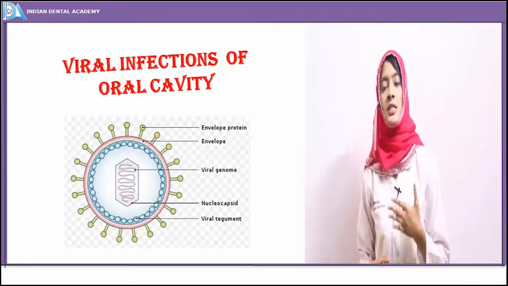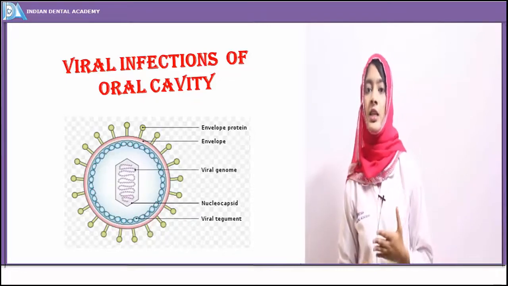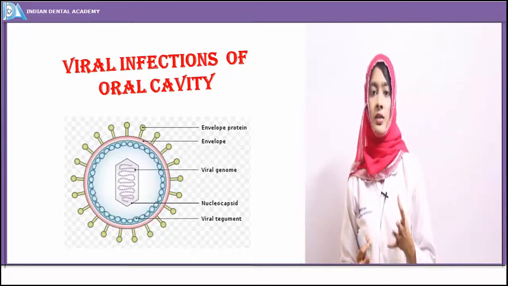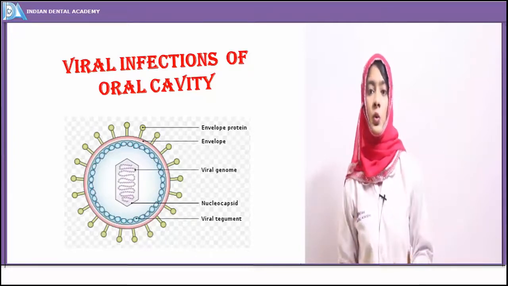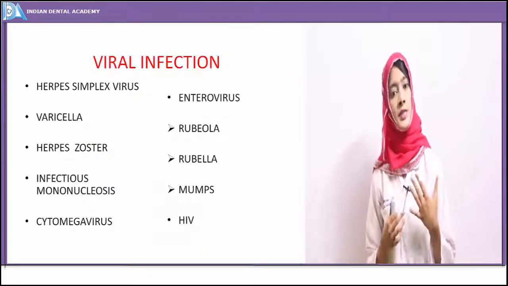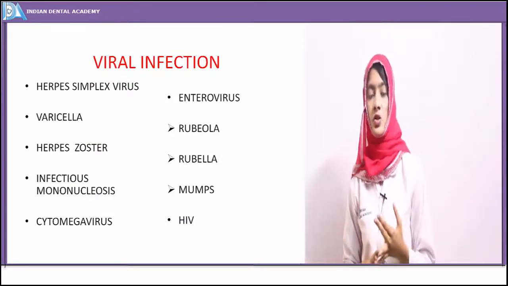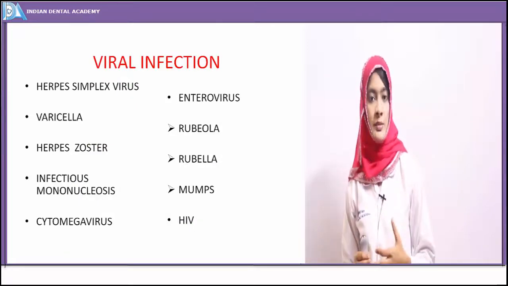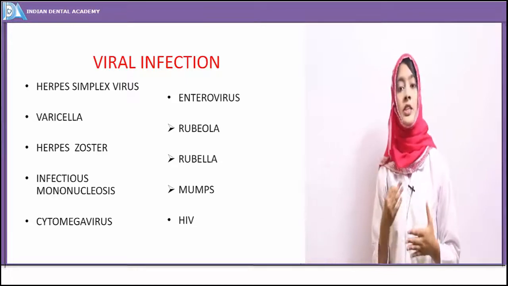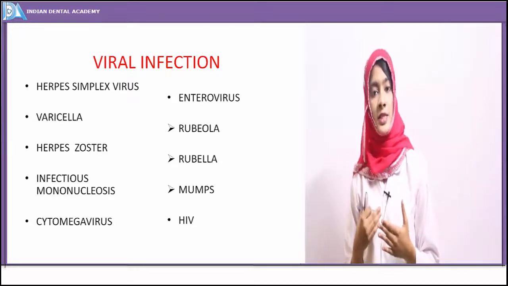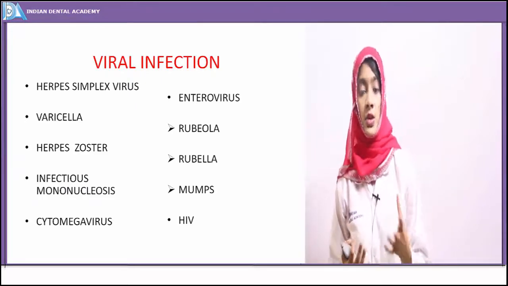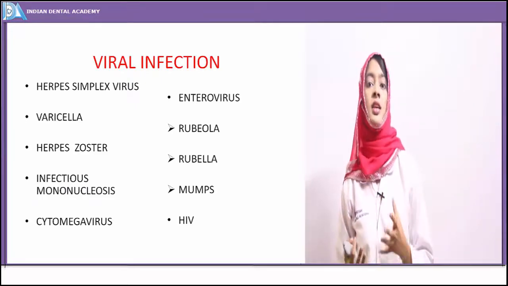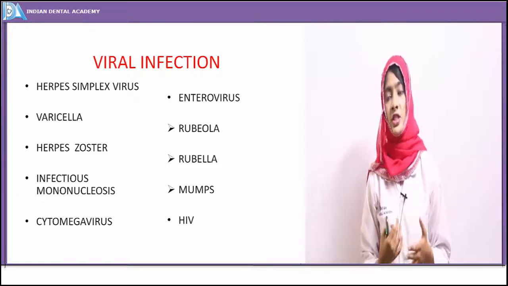Today in our class on viral infections, we'll be studying the commonest viral infections which we see majorly affecting the oral cavity: herpes simplex virus, varicella zoster virus, the Epstein-Barr virus, then the enterovirus, that is the rubeola, paramyxovirus. Then the commonest and most majorly concerned is the human immunodeficiency virus.